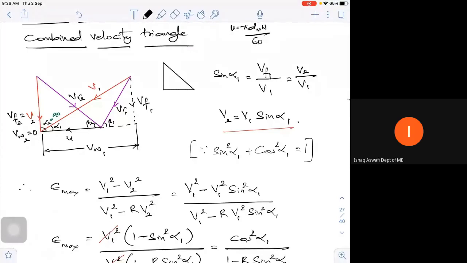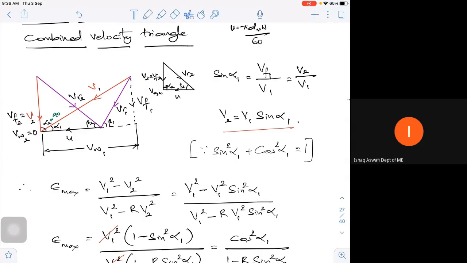The same rule can be applied for a compressor. Here V2 is equal to VF2 and my VW2 is equal to 0. This is my U in this direction, and this is my VR2. What I get is a right angle triangle.